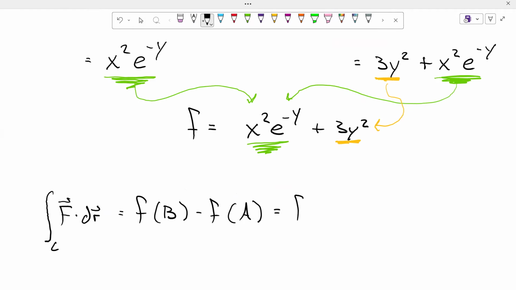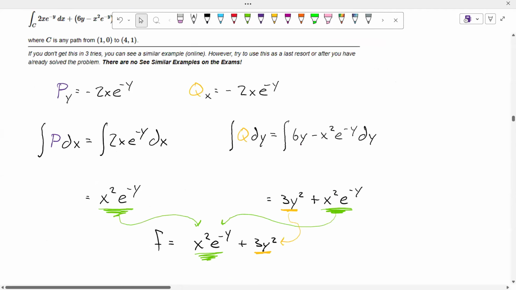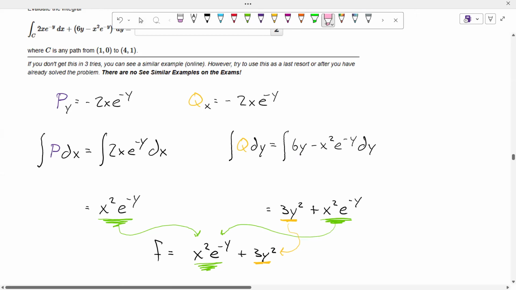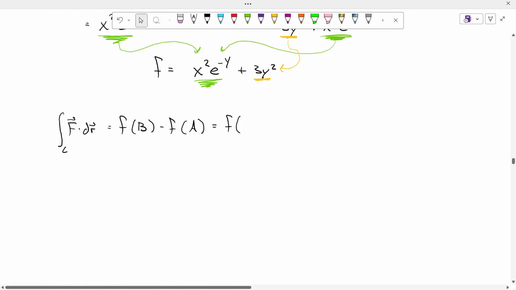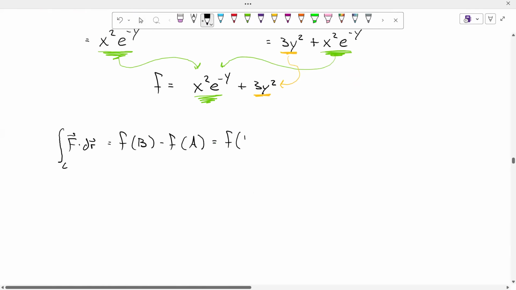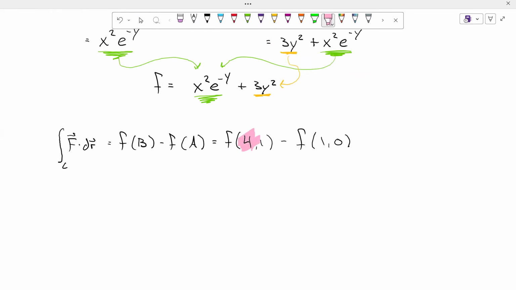Where I'll just go figure out what my 2 points were. Highlight those guys right here. They are 1, 0, and 4, 1. I'm going from 1, 0 to 4, 1, so B is 4, 1, while A is 1, 0. Re-highlight these points again. Hopefully anybody that just goes back to look at the notes.